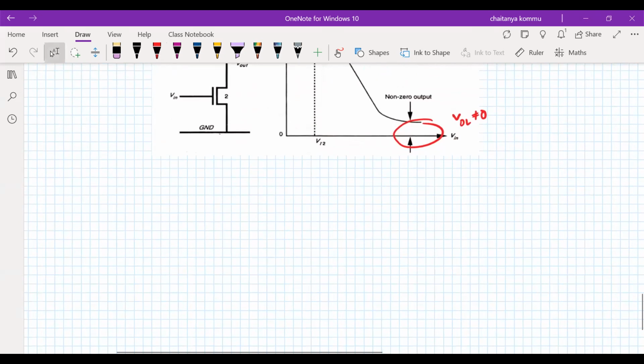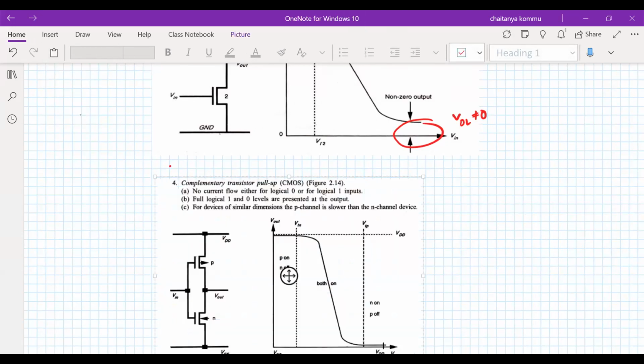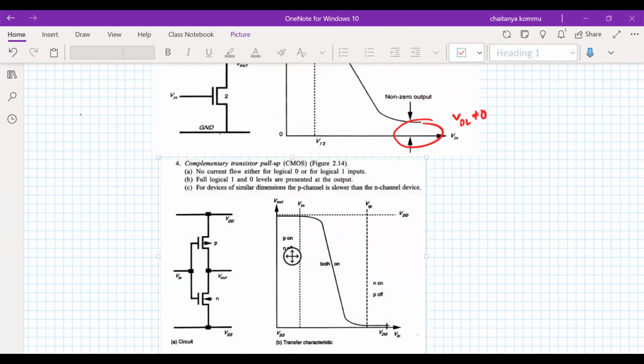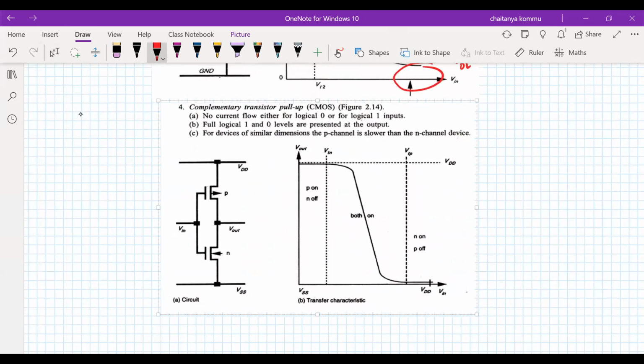The most effective one is nothing but the CMOS inverter. So the CMOS inverter is a very prominent, very useful design when compared to these three. Okay, so as you can see, there is a possibility of good logic levels: VOH is exactly equal to VDD, VOL is exactly equal to 0.